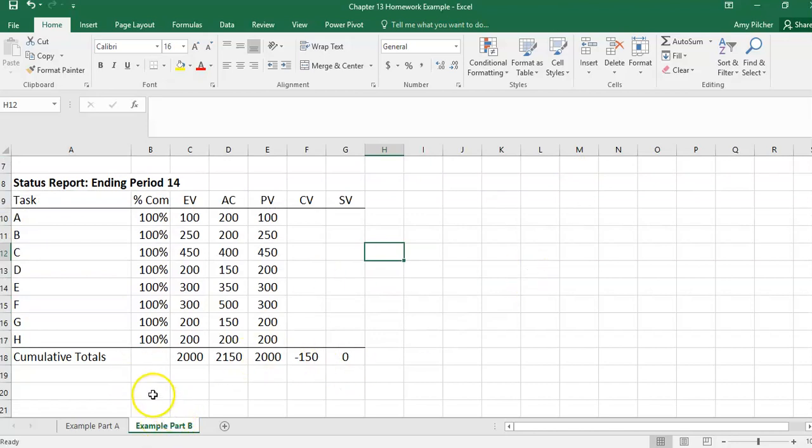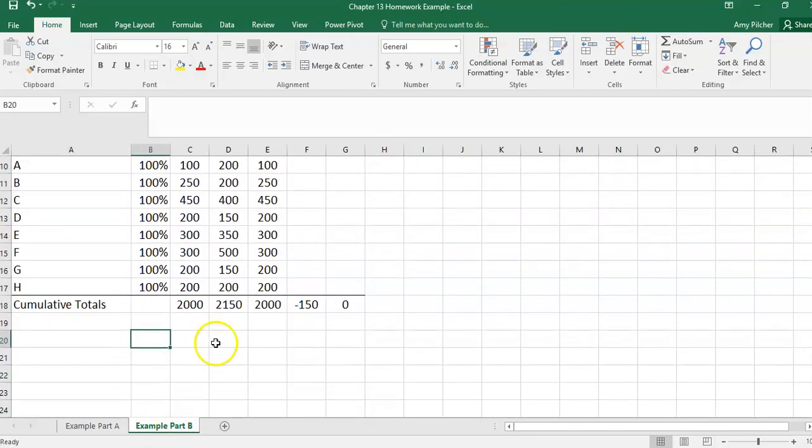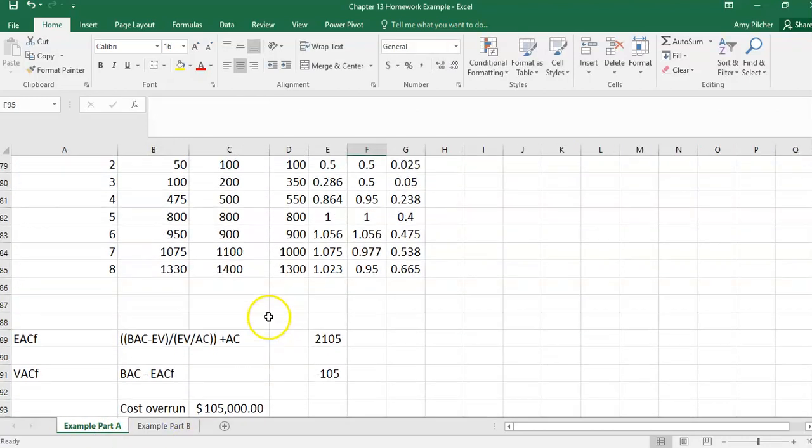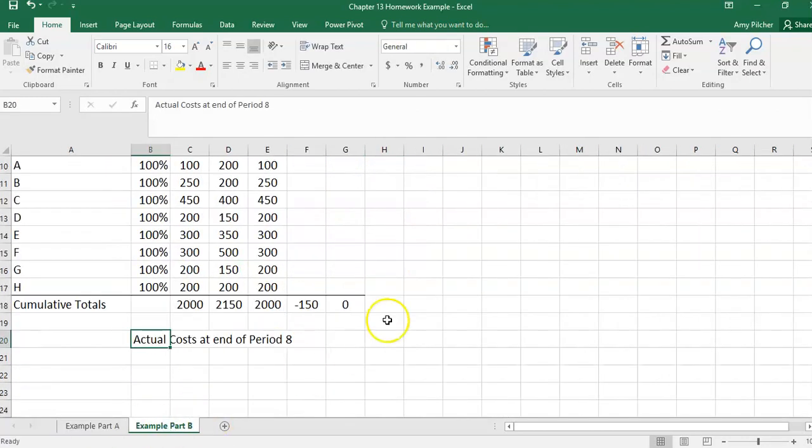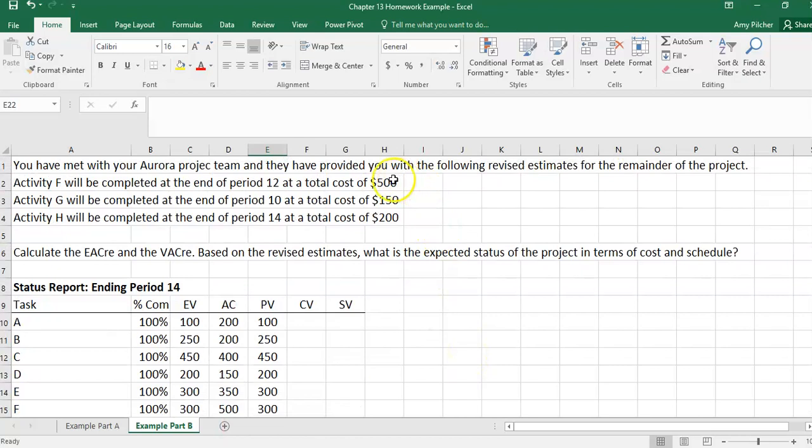So where we were currently at the end of period 8, our actual costs at the end of period 8, this is when we made our revision, were $1,400. So $1,400 is our actual cost. Our new revised totals add up to $850.